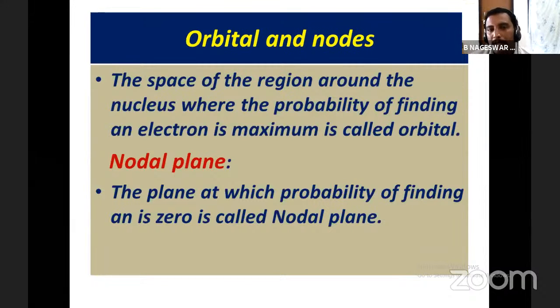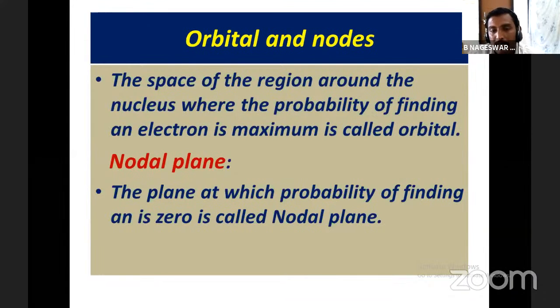The space or region around the nucleus where the probability of finding an electron is maximum is called an orbital. As an easy example I said, our sitting benches we can treat as an orbital.